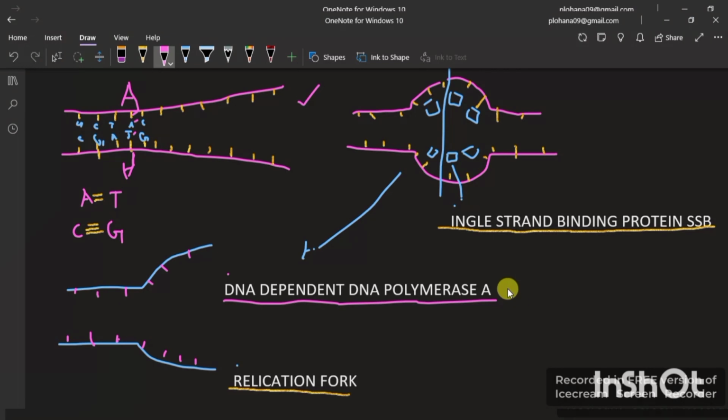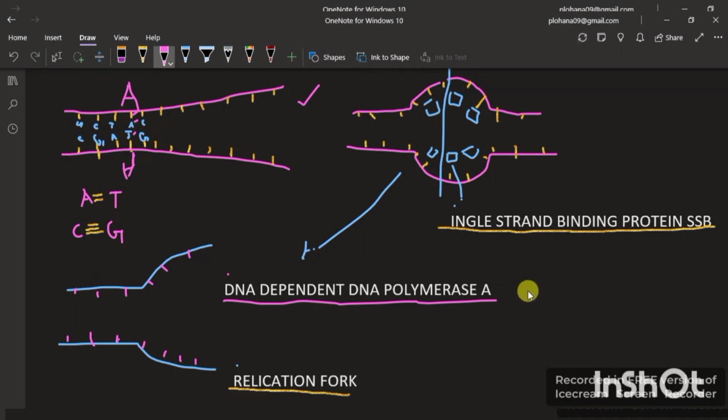Now we do have some conditions of this DNA dependent DNA polymerase A enzyme. This is a very efficient enzyme, highly efficient. That's why it has some conditions. It will always work on single strand, but from where it will start, it will work on double strand, and it will always make the strand from 5' to the 3' end.